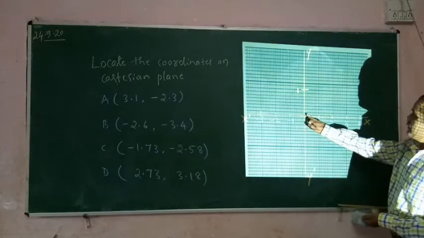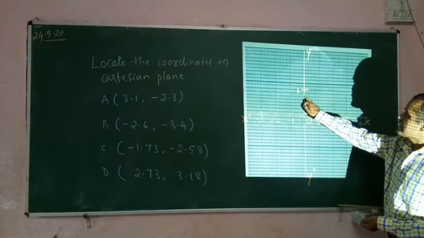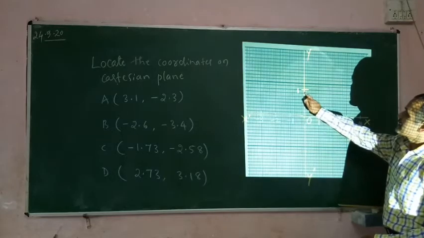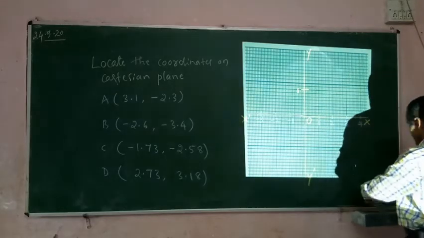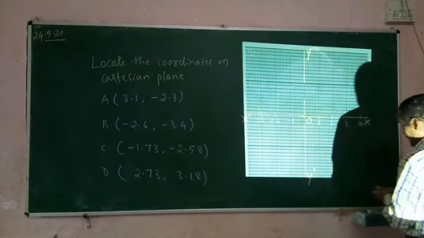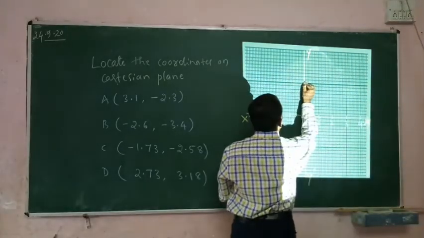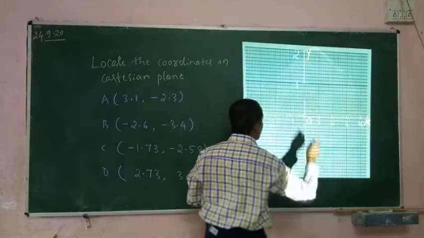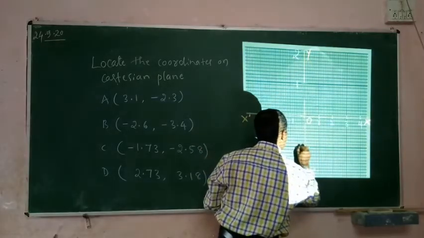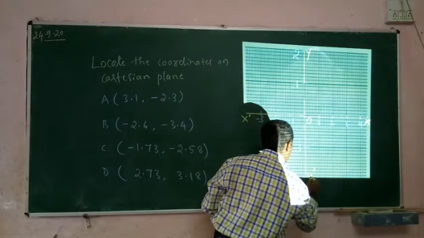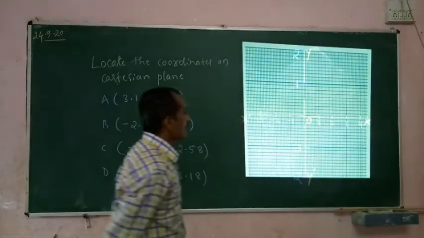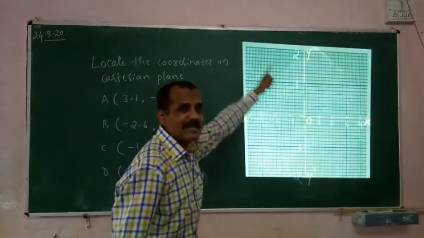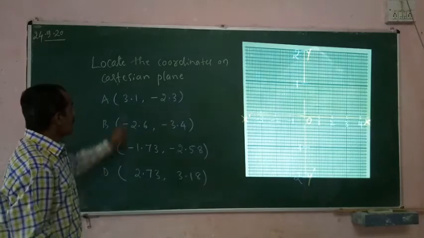And here again 1 to 10. This I will write as +1, this +1, this +2, and this -1, and this -2. Now, whatever visibility is there, those are the points I can represent.